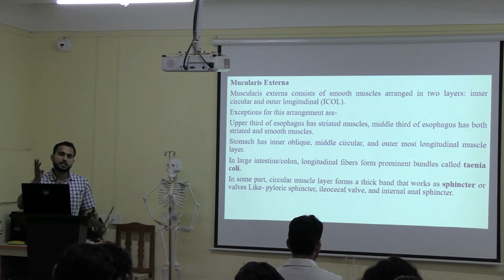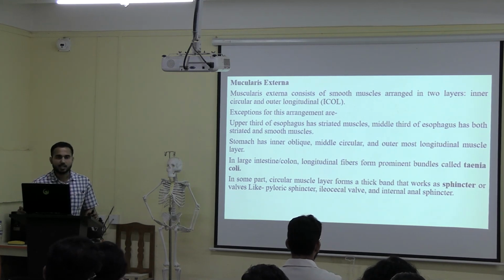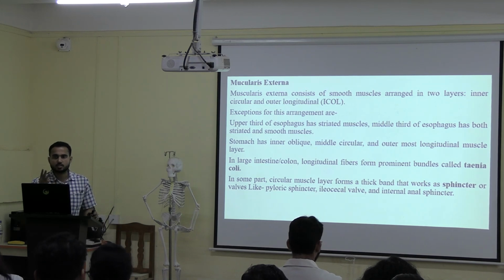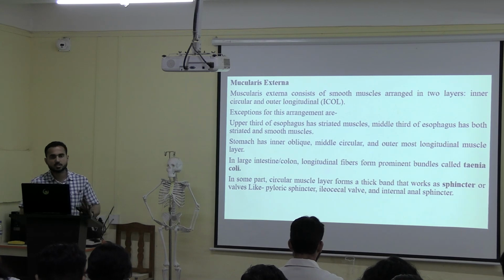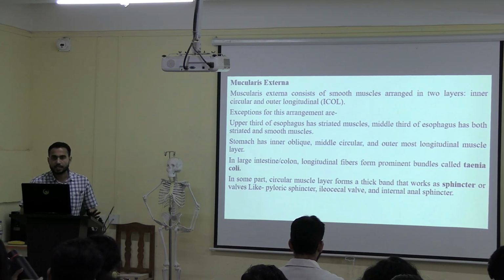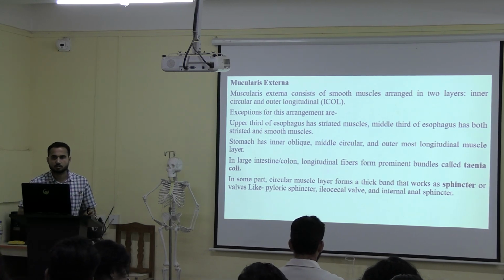These are the three important distinct features of the large intestine: appendices epiploicae, teniae coli, and haustrations. You can tell by looking that this is the large intestine, and those will be absent in the small intestine.